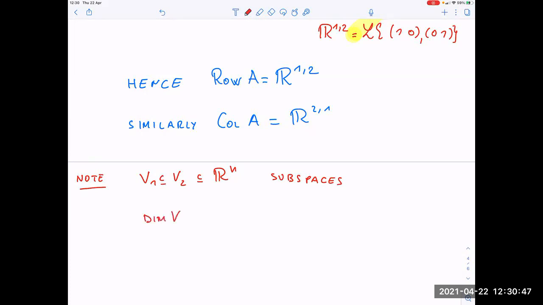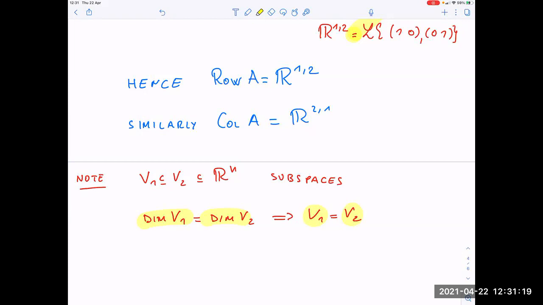If they have the same dimension, then they are equal. So you see, there is this kind of magic. By comparing these two numbers and getting that they are the same, you get that the two subspaces are the same. And this comes from the fact that if they have the same dimension, they must have a basis with the same number of elements. So a basis of V1 is going to be a basis of V2 also.